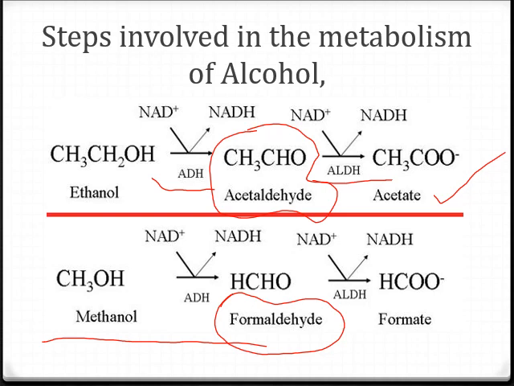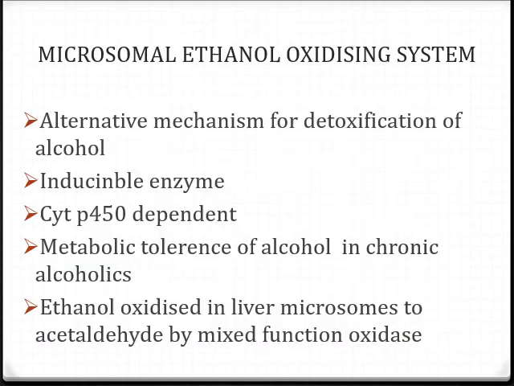That is why methanol can cause methanol poisoning, unlike ethanol metabolism. And for methanol poisoning, ethanol can be used as an antidote. Formaldehyde undergoes oxidation to form formic acid, and this formic acid is again oxidized by aldehyde dehydrogenase to form formate.